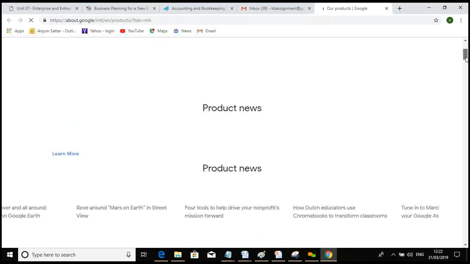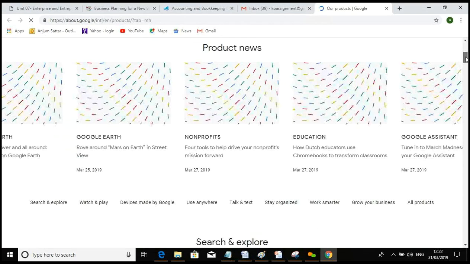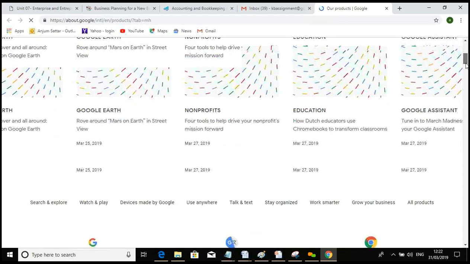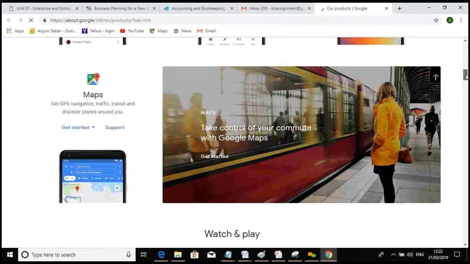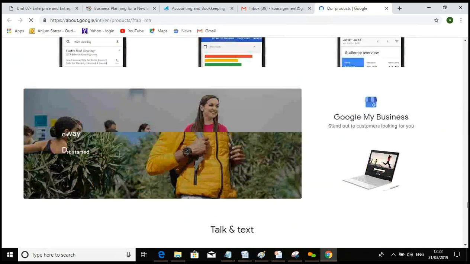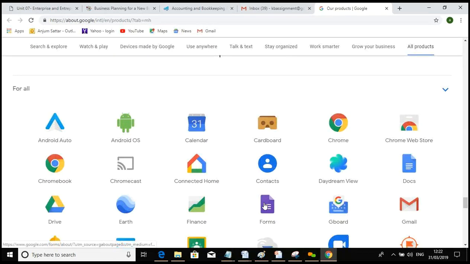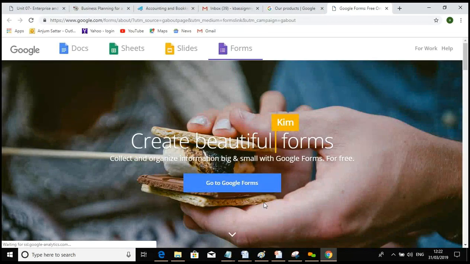So you can use this for your clients. If we go down, down, down, you will find here it's called Forms. You will see these are the forms. The reason I'm telling you is that it helps your business.